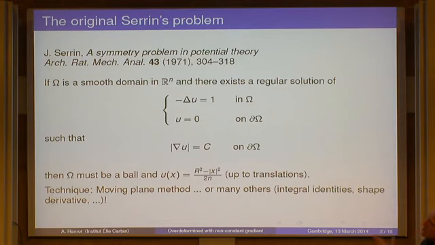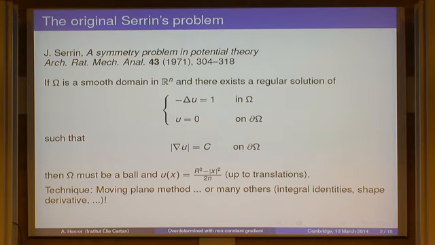So this moving plane method is applied for the first time by Serrin in a PDE context, and using strongly the maximum principle, he is able to prove that the domain omega for which this problem has a solution has to be symmetric with respect to any hyperplane. So it has to be a ball.